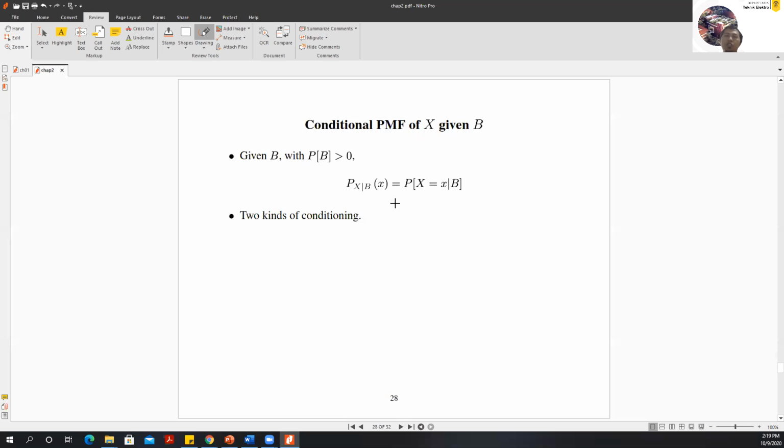Similarly, with conditional probability, the conditional PMF for x given b, for example, where b has a probability greater than 0. So we can write the probability of x conditioned on b, or given b. It's like a conditional probability.